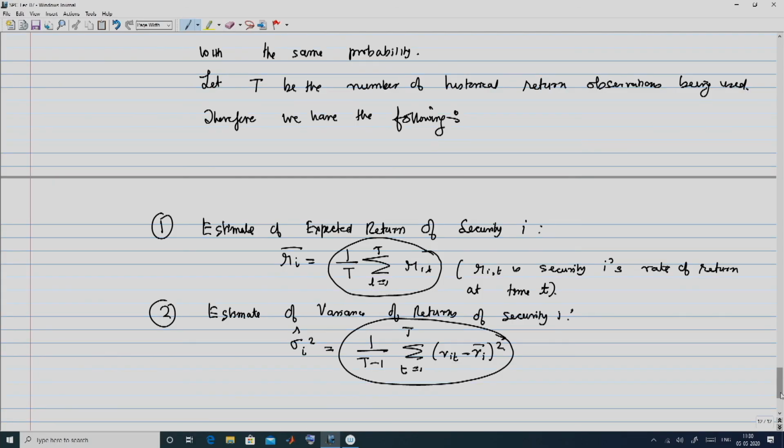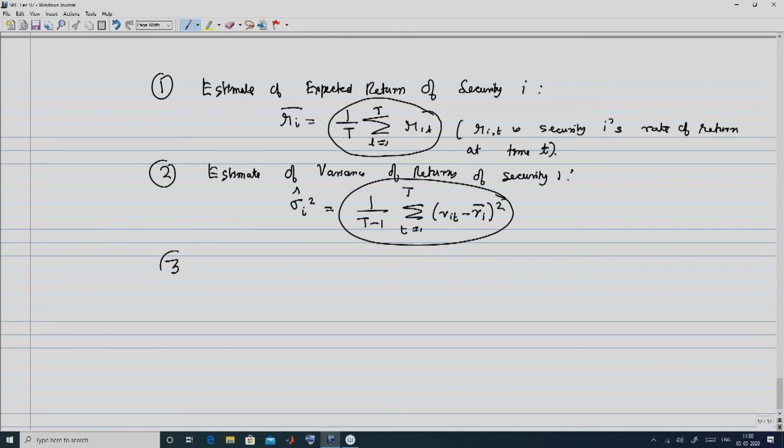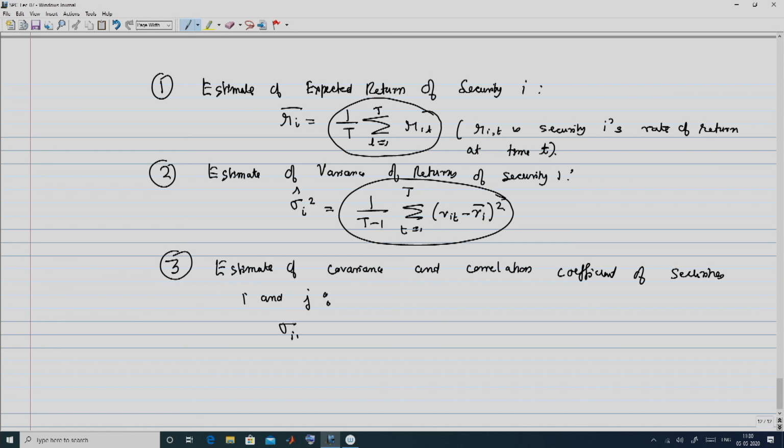Thirdly, the estimate of covariance, and of course we should not forget the correlation coefficient, of securities i and j. This is given by sigma_ij hat for the estimator, again 1 divided by T minus 1 summation.